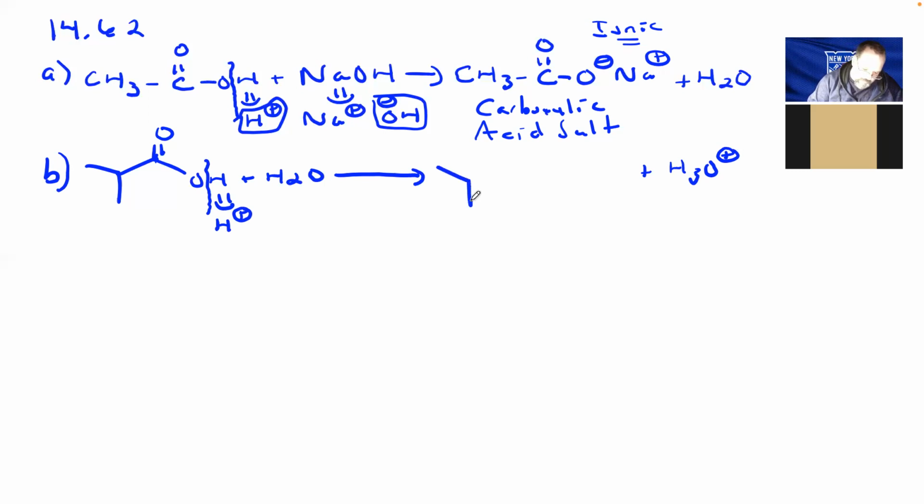Everything else stays the same until I get to the C double bond O carbon. But now, instead of being connected to OH, that carbon is going to be connected to O-. This is the carboxylate ion that would be generated in water.